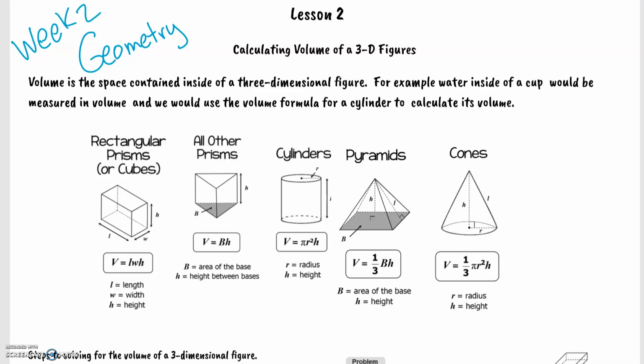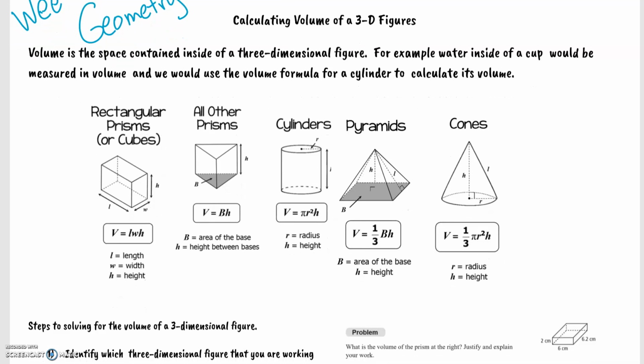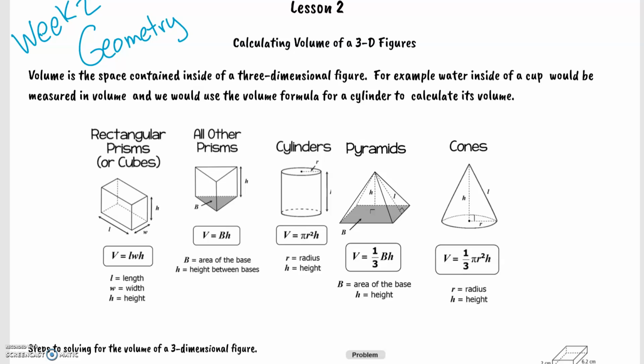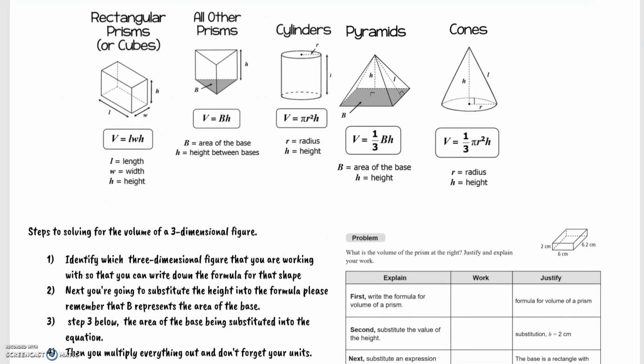Okay, so for today's lesson, we're going to go back and forth to these formulas, and you're going to see how to calculate the volume of these different shapes. Now, what we have here is a rectangular prism. You might also see this formula, the volume equals the area of the base times the height.